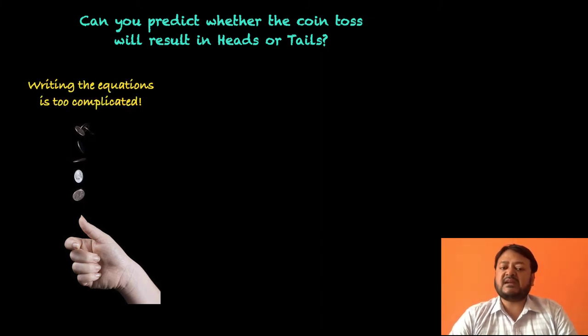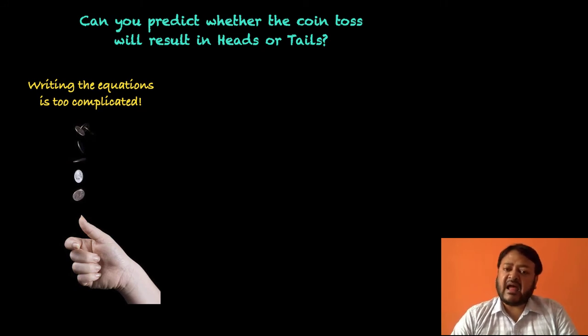However, the problem is that writing these equations is too complicated because there are just too many parameters to be controlled and we don't even know what values those parameters will take. And that is why, despite the underlying process being deterministic, solving these equations becomes extremely challenging.